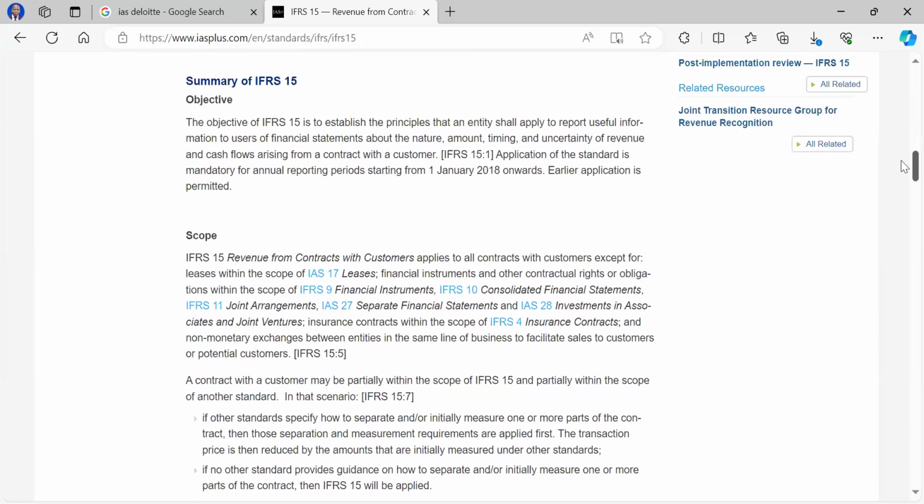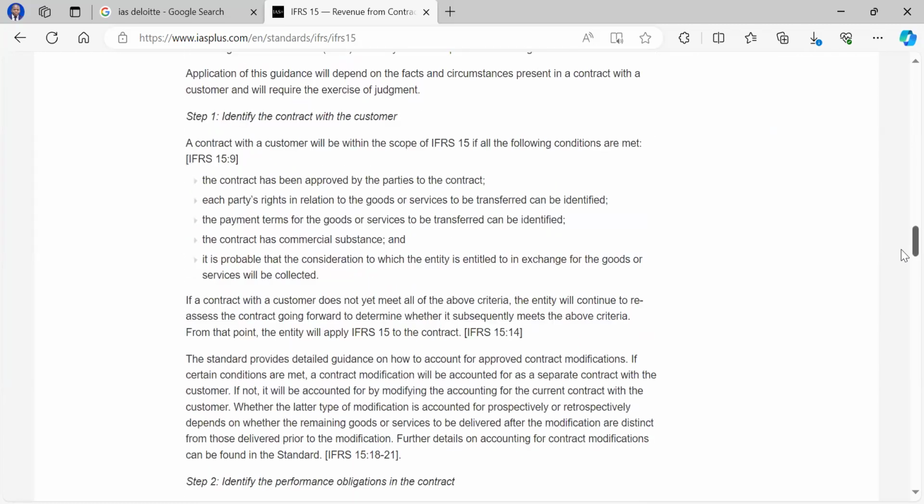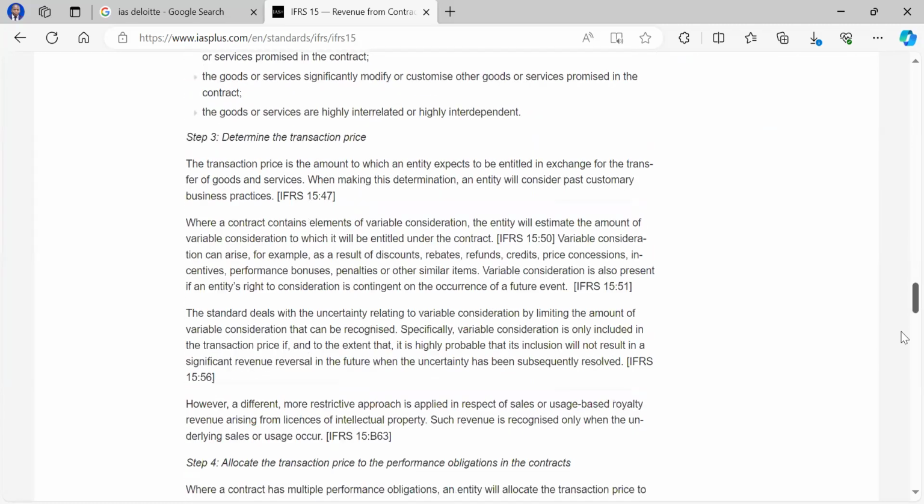So it gives you the scope. Like I said, the scope is quite important. It tells you what it covers, and it also gives you its exceptions. So this is a very good website that we shall use along our journey.